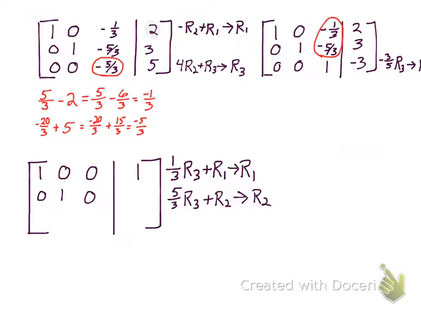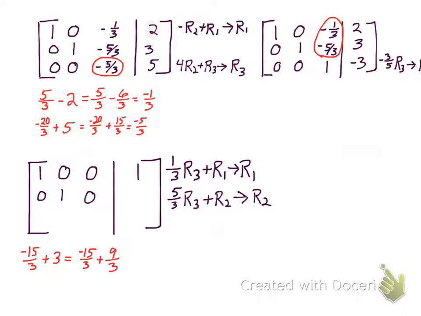And finally we have 5/3 times a negative 3. I'm going to do scratch work on this one. All right, 5/3 times a negative 3 is negative 15/3. And we are going to add 3 to that, which is negative 15/3 plus 9/3.